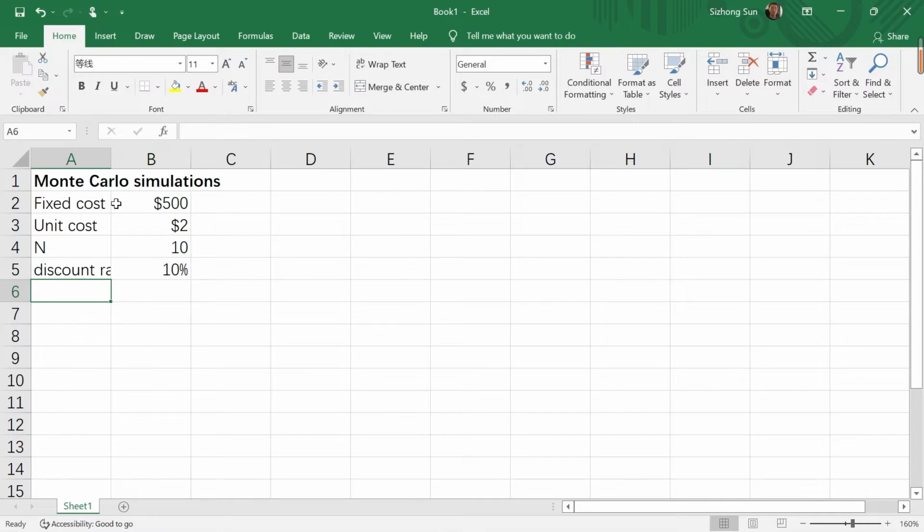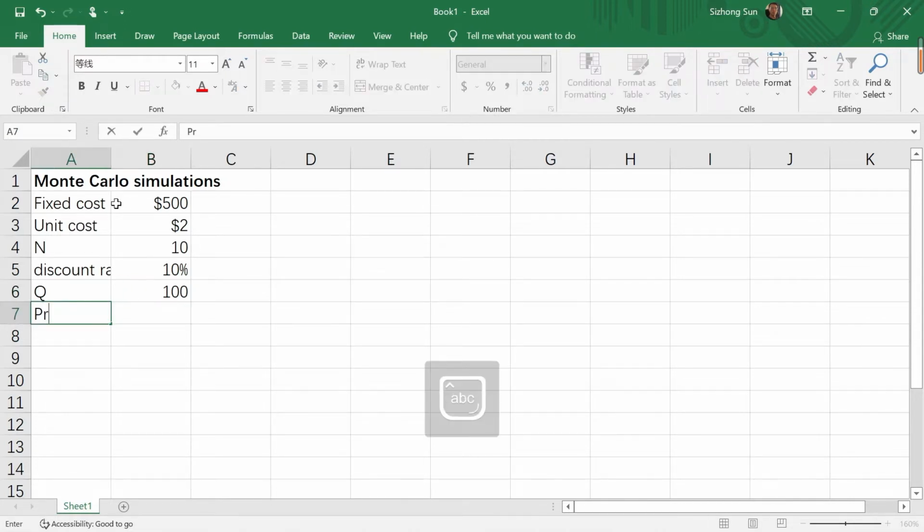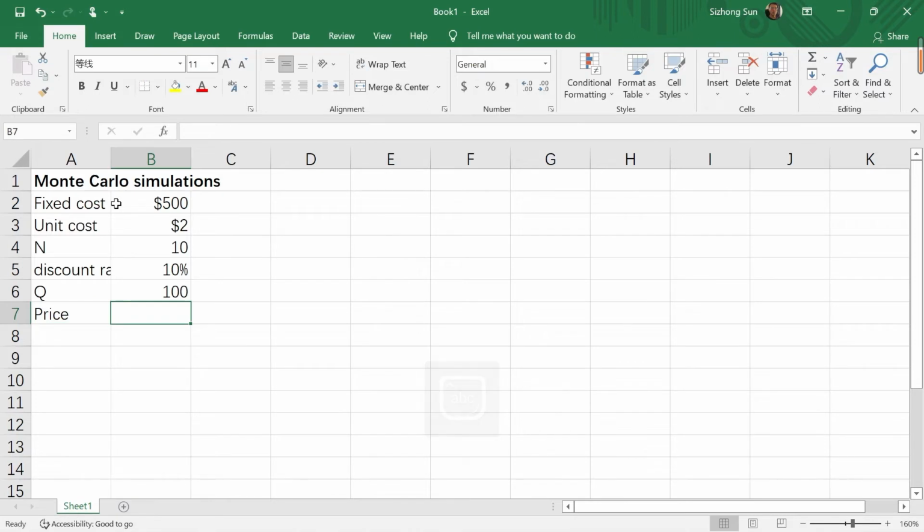And quantity per year, let's assume that we know it for sure, is 100 units. However, we have uncertainty regarding price, which we don't know exactly what it's going to be each year, but we know its probability distribution.